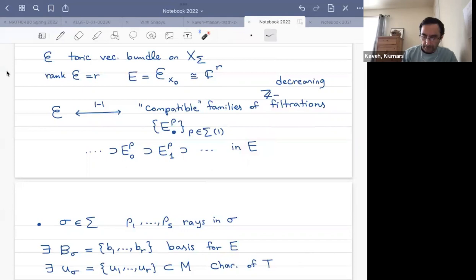So you have subspaces decreasing, indexed by integers: E^{-1}, E^0, E^1. For each ray in the fan, you have one of these filtrations. For line bundles, for each ray in the fan, you had an integer. Here, for each ray in the fan, you have a filtration. Okay, so it's already more complicated data.